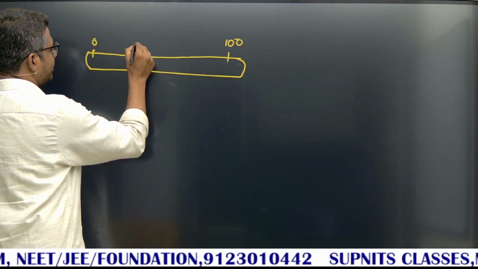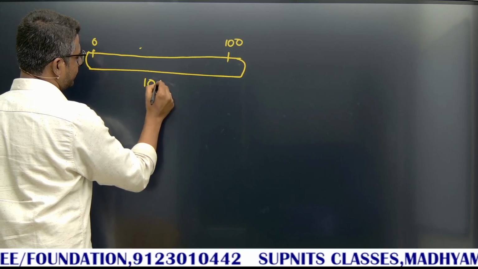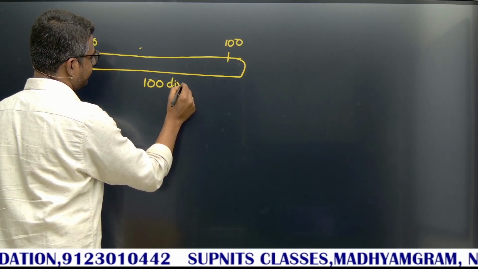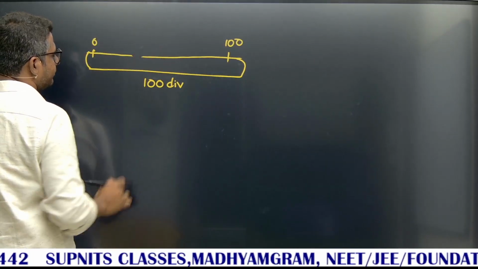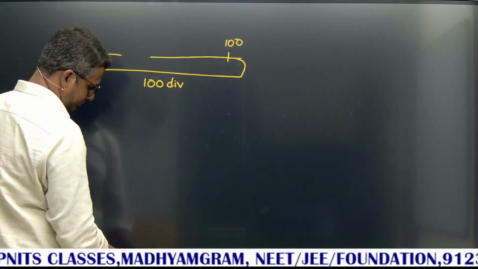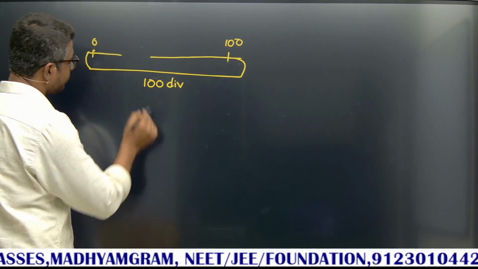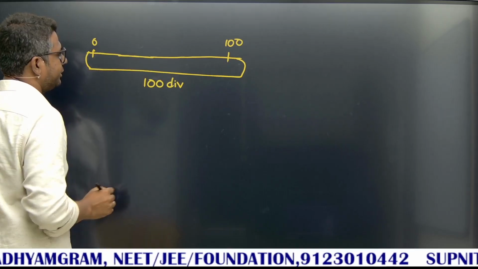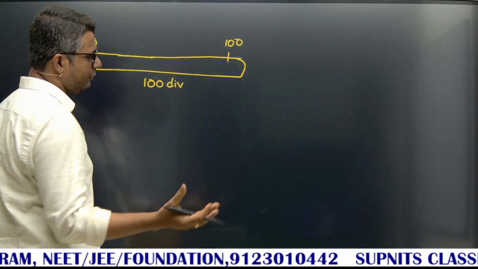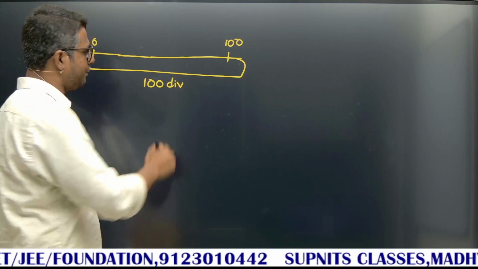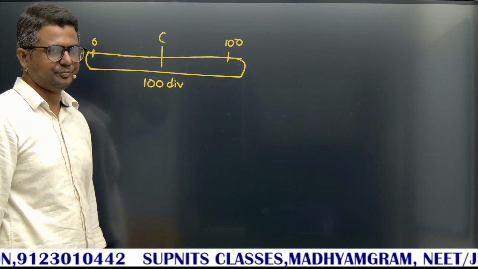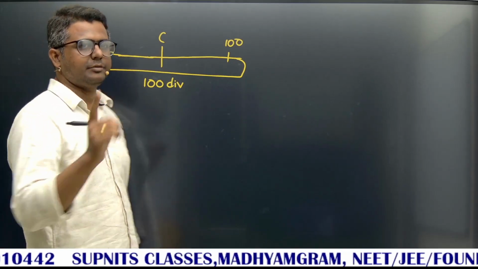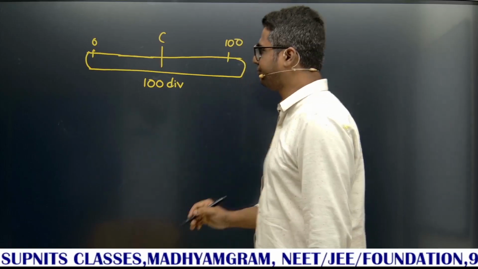How many divisions? 100 divisions. So I am taking a bucket of water, putting this scale into it, and suppose the water is giving C as the reading. For Fahrenheit scale, what is going to happen?